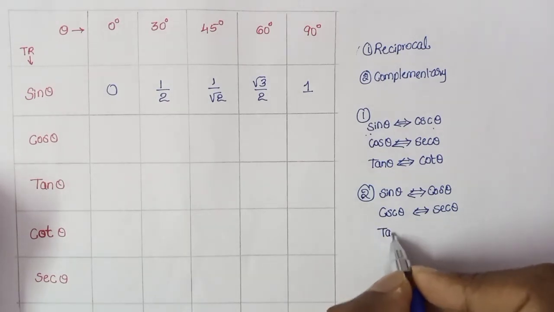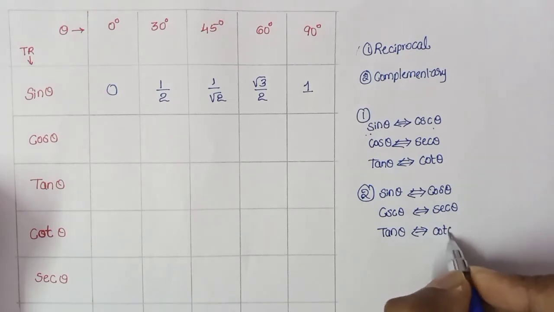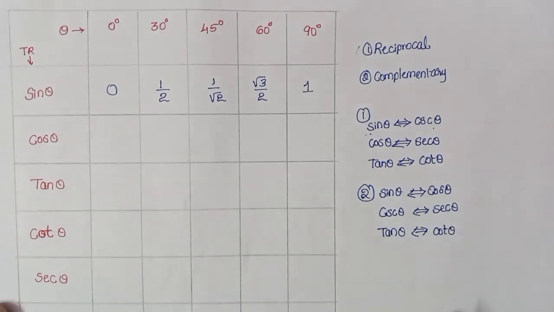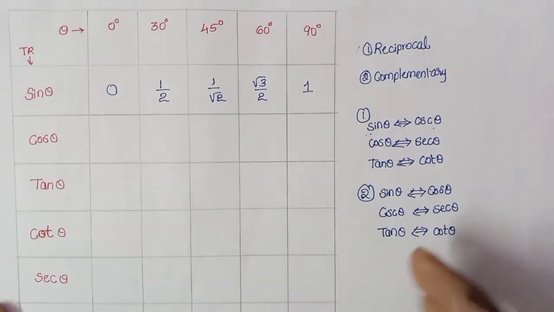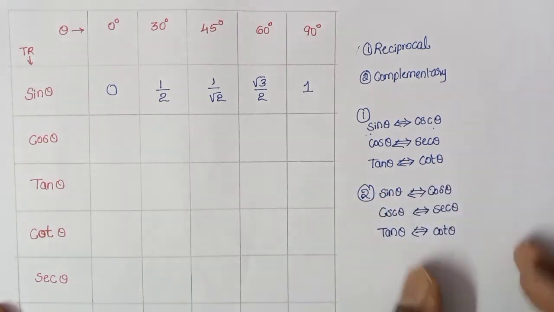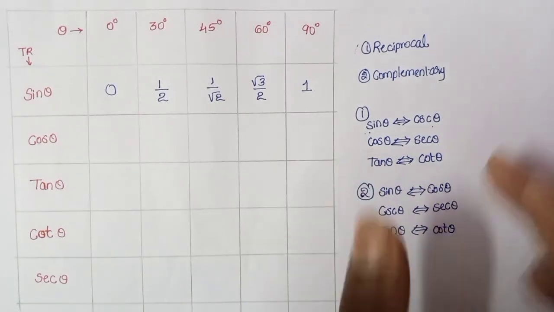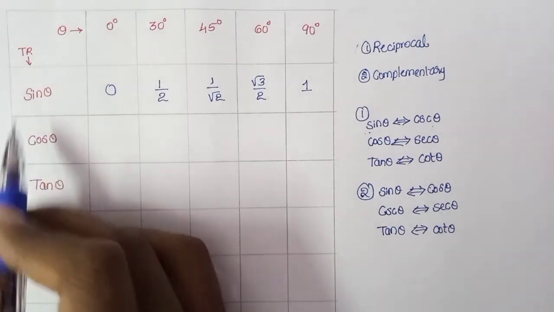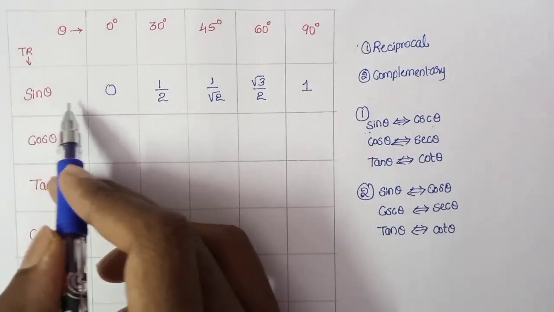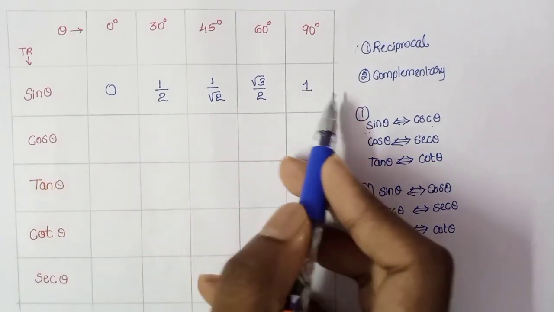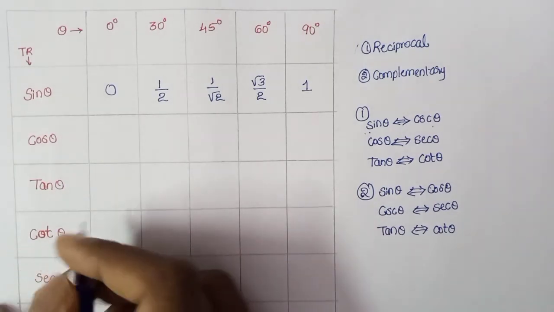Next, tan theta and cot theta are complementary. What exactly is complementary, I will say in the next theory part. But remember, these are the pairs of complementary, and these are the pairs of reciprocal relationship. So sin theta and cos theta are complementary. If you write sine in this manner, this is the cos. That is the easy tip.